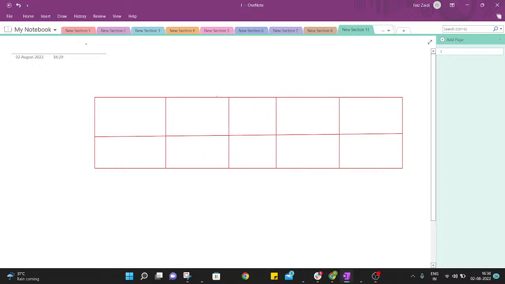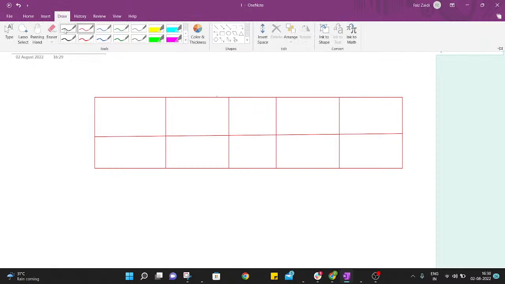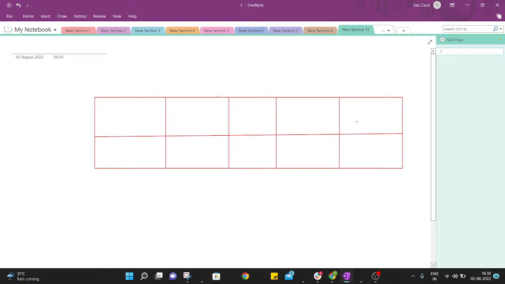This is the ones column, tens column, hundreds column, thousands column, and 10,000s column.